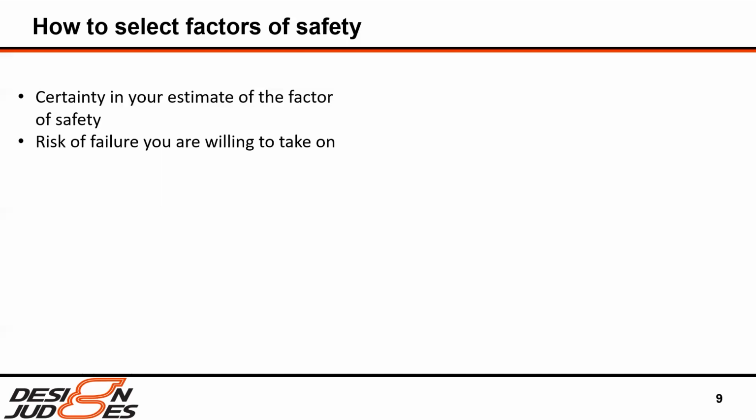When you have a lot at risk, of course you want to play it a little more on the safe side. The last thing is, how sensitive are you to the mass of your design? Because anytime you go to higher factors of safety, it requires higher masses. And really, to have the highest certainty in your estimate of the factor of safety, you need to understand all the loading cases, and you need to combine that with computational results, testing, and theoretical analysis.